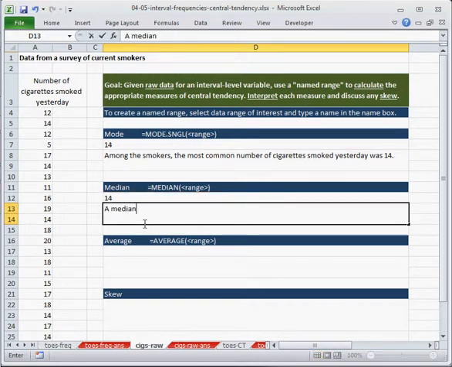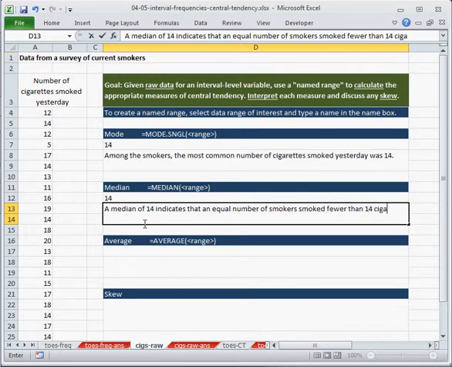A median of 14 indicates that an equal number of smokers smoked fewer than 14 cigarettes each day as smoked more than 14 cigarettes.